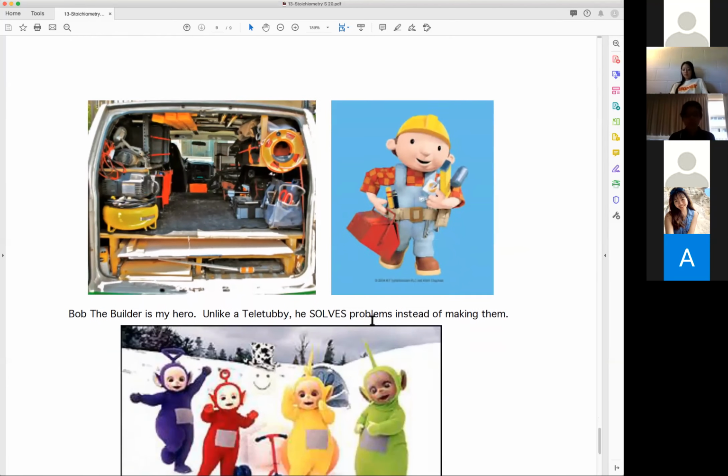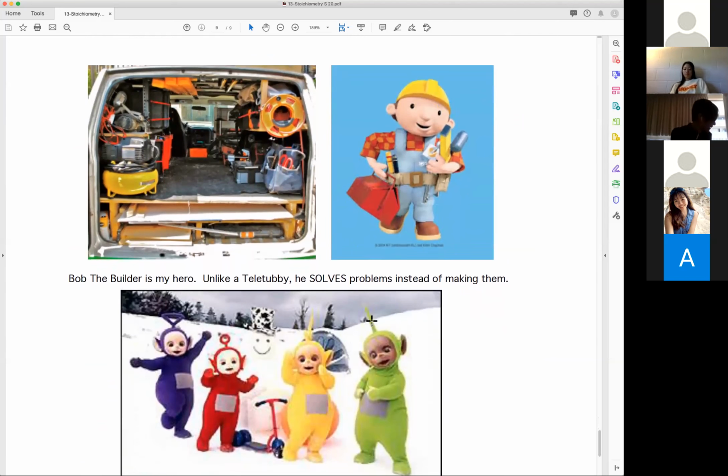Oh, yeah. Hold on, I have a visual. So I love Bob the Builder. He's a real role model for kids nowadays.